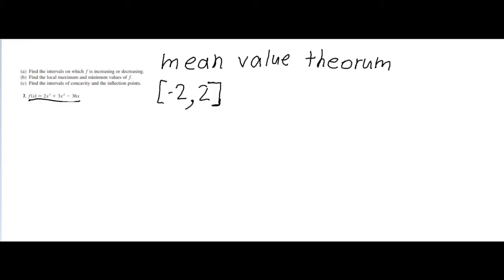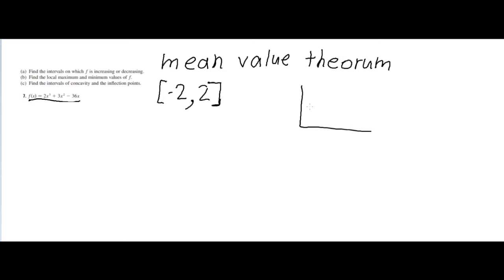So now we're going to talk about something a little different, and this is the mean value theorem. The mean value theorem is pretty simple and just states that on a closed interval there exists a point where the derivative is equal to the slope of the two endpoints.